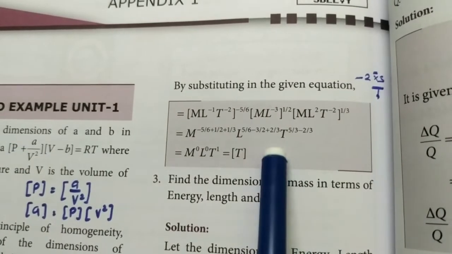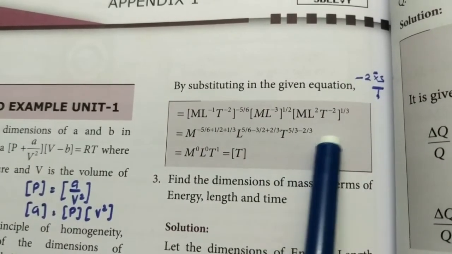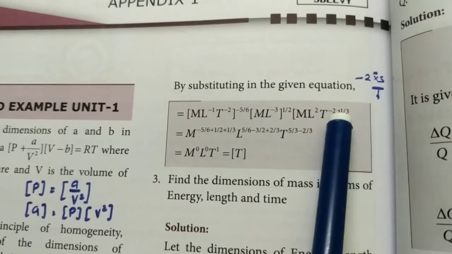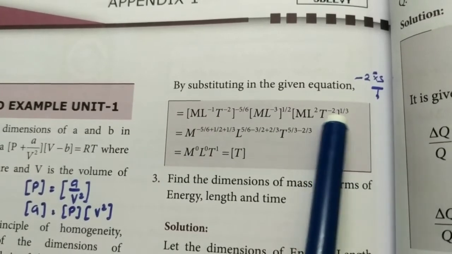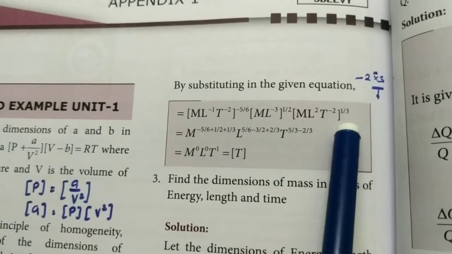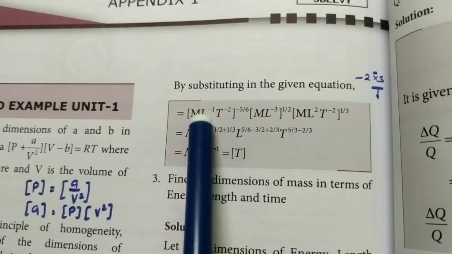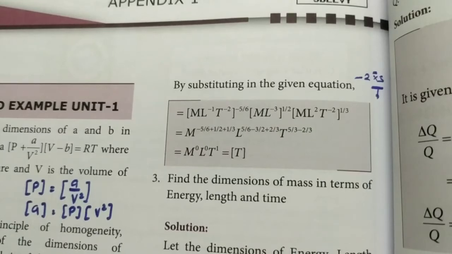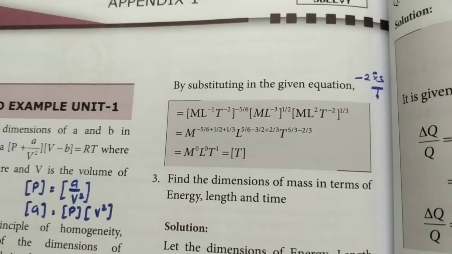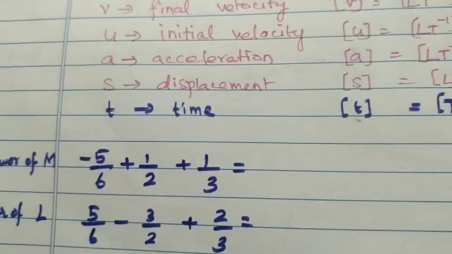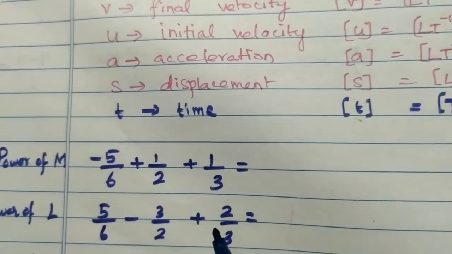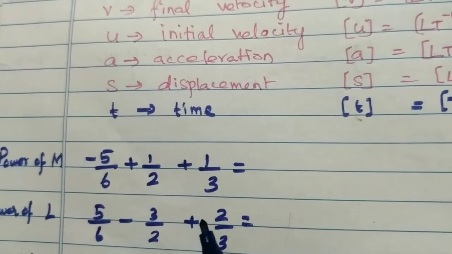So T power 5 by 3 minus T power 2 by 3, simply multiplying these two, 2 into 1 by minus 2 into 1 by 3. Okay, next we have to simplify these powers. Simplification is ordinary fractional addition and subtraction. Okay, I am going to show you how to simplify this.